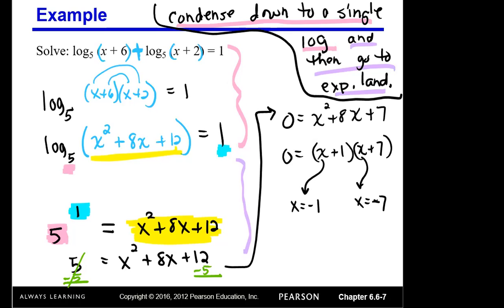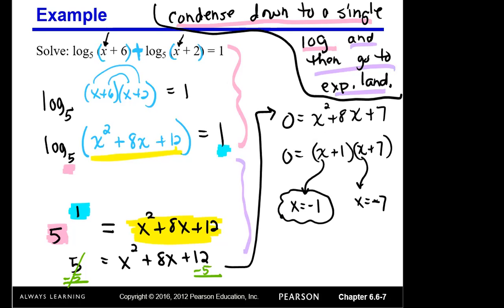And if you look back at the original equation, it's the log of x plus 6 and the log of x plus 2. If you put -1 right here, -1 plus 6 is a +5. That'll work. I can take log of a +5. And if I put it here, does it cause any problems? Nope. -1 plus 2 is a 1. So this one should check.